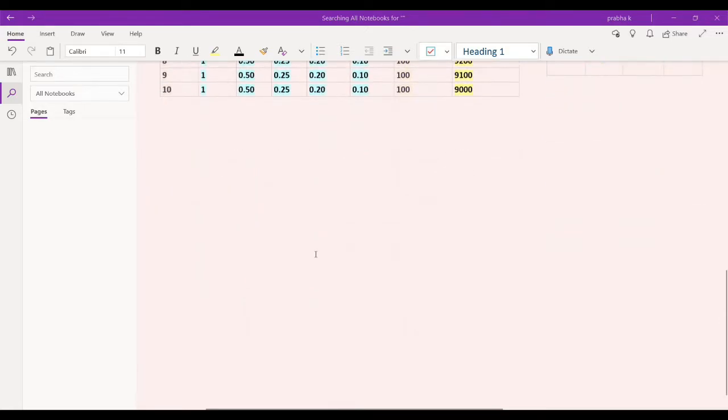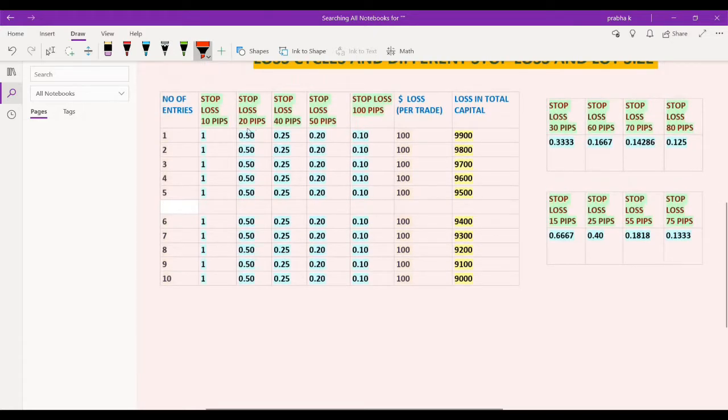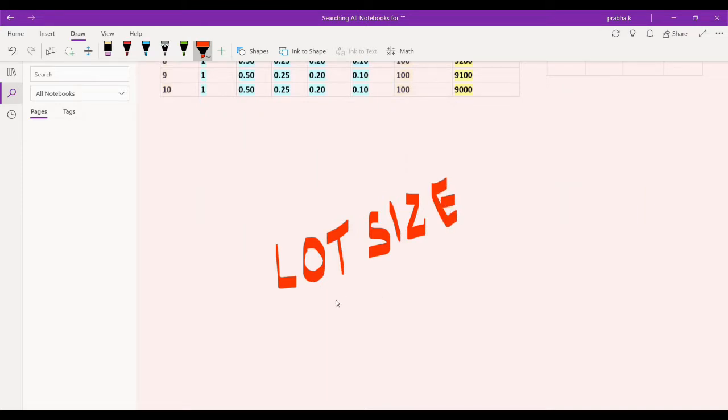Now, if you're planning to trade in 2 pairs, just divide the lot size. You don't have to change the 1% or any of the stop losses. Same stop loss, same 1% risk.